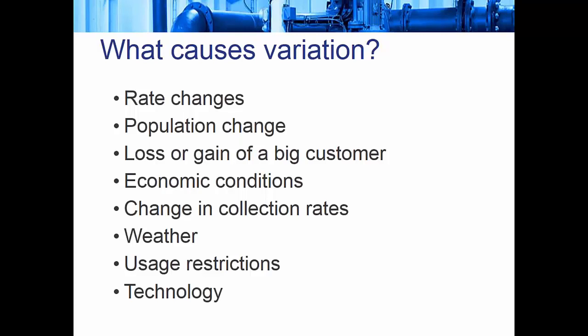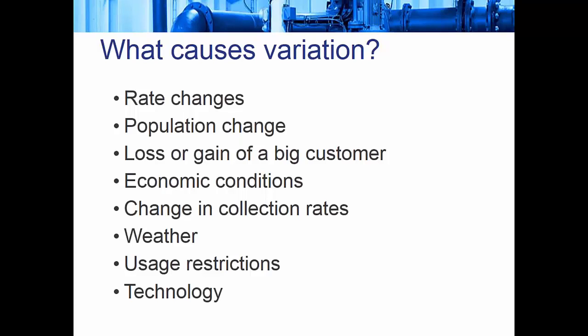Your population might be changing. Customers might be moving in or moving out. That's going to cause some variation. If you're a small town and you lose or gain a big water customer, let's say a pulp and paper mill, and they disappear, that could be 50% of your water sales. That's going to have a big impact on these assumptions.